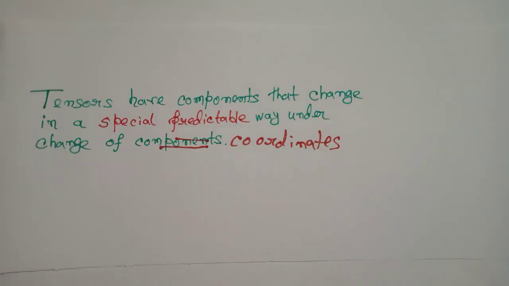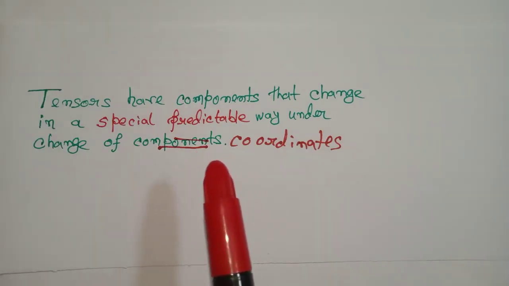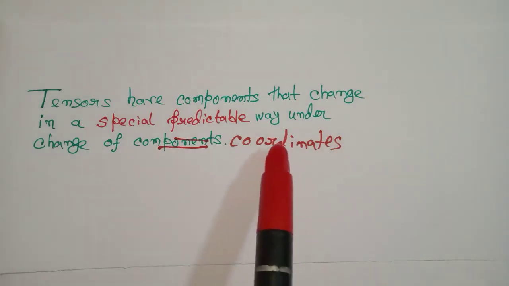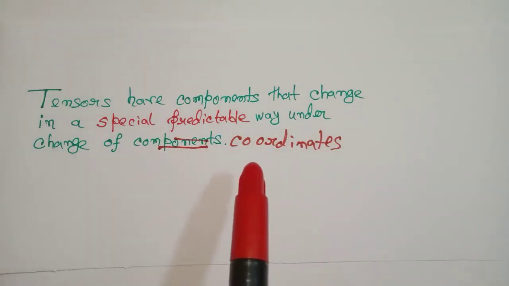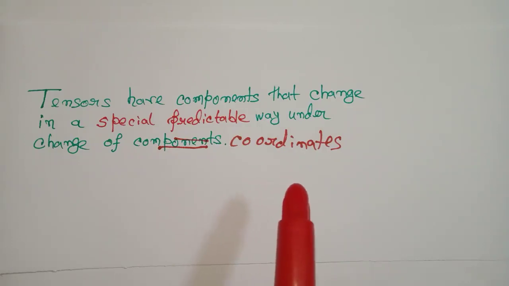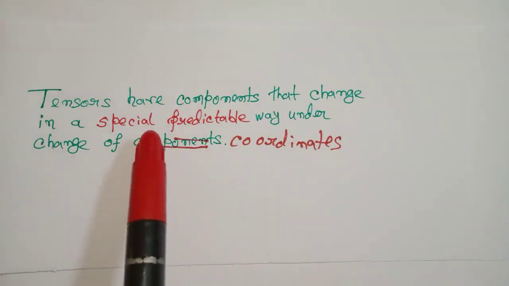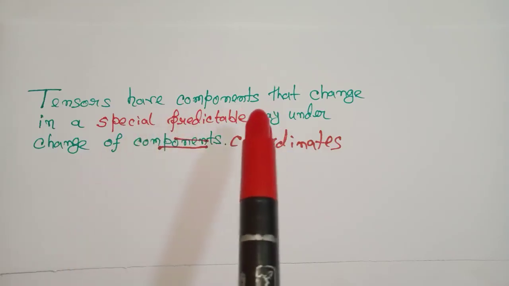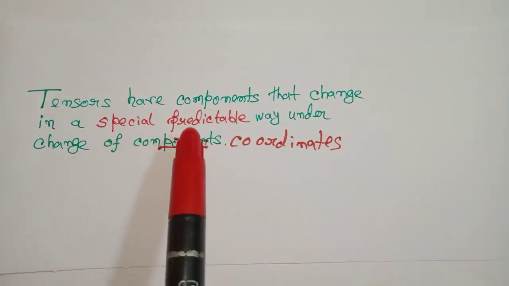What we mean by change of coordinates is that we are not taking into consideration going from a Euclidean to a non-Euclidean coordinate system, but I will just show you what we mean by change of coordinates. This is typically the feature of a tensor, that the components change in a predictable way.